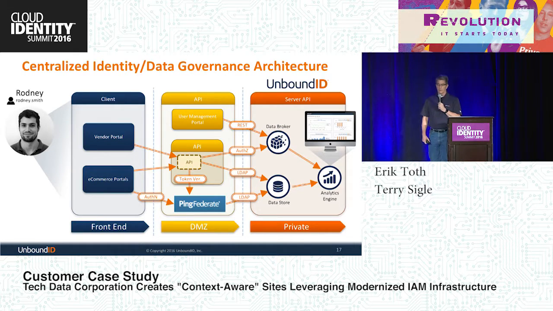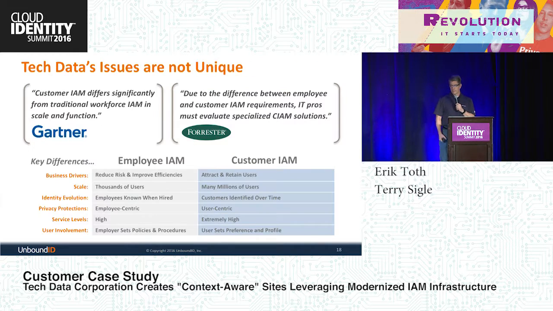But this isn't just unique to Tech Data, and we see this across a lot of different customers today. As you see in this slide, their issues aren't unique. Lately, if you've seen some of what Gartner and Forrester have been saying, there are a lot of differences between employee IAM and customer IAM, identity access management.